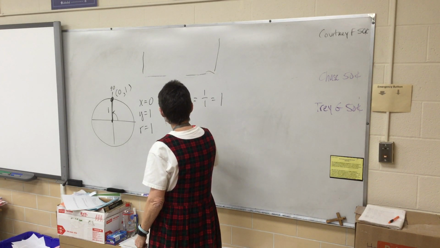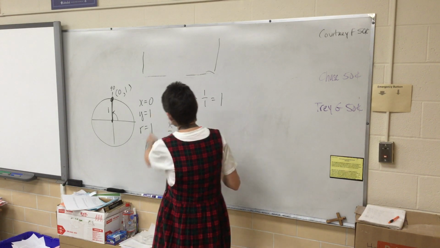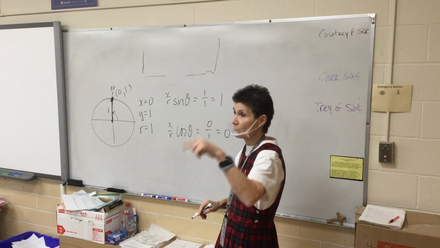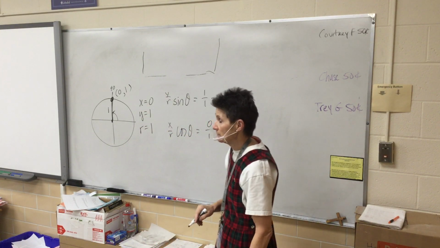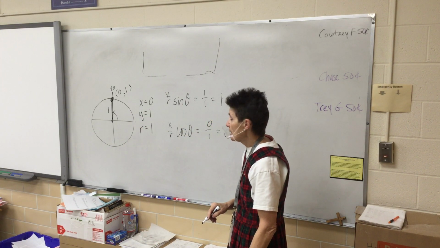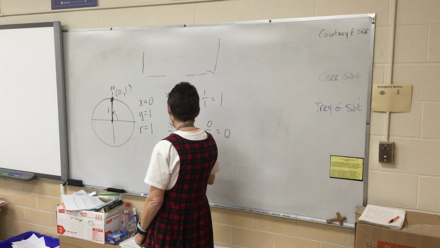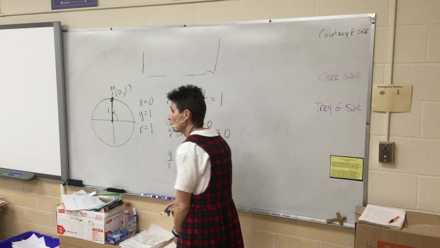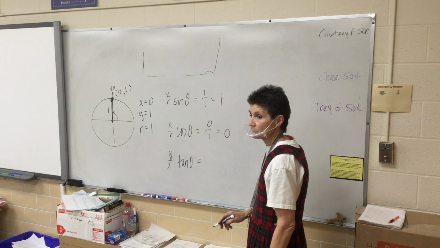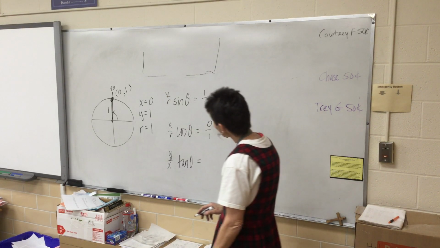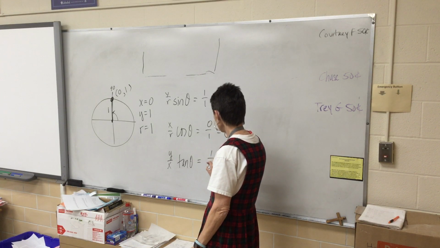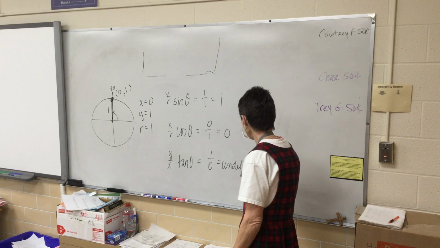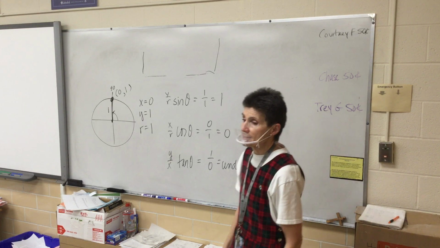Cosine, x over r, so that'll be 0 over 1, which is 0. Remember, 0 on top is okay. And then tangent, watch it, y over x. Tangent is y over x. And y over x is going to be 1 over 0. That's undefined. That is not okay.